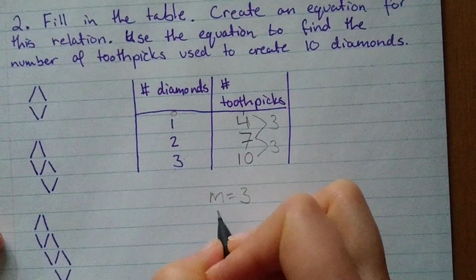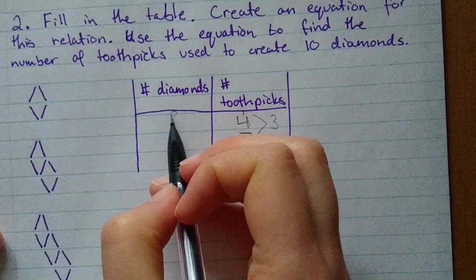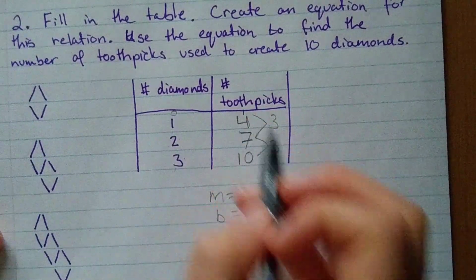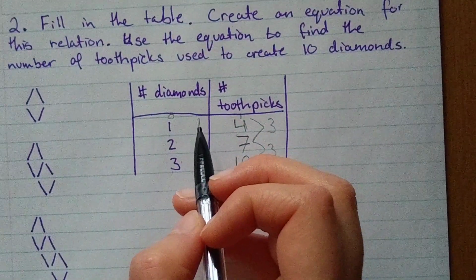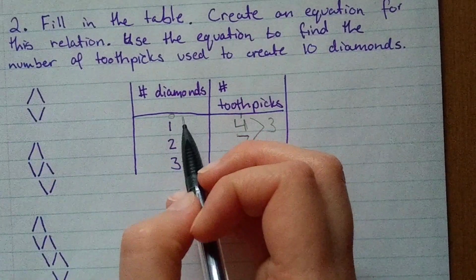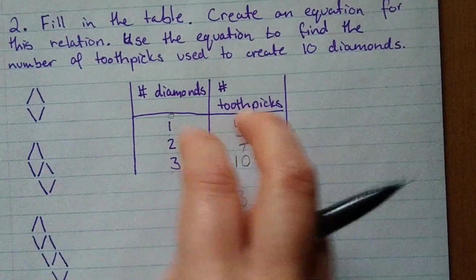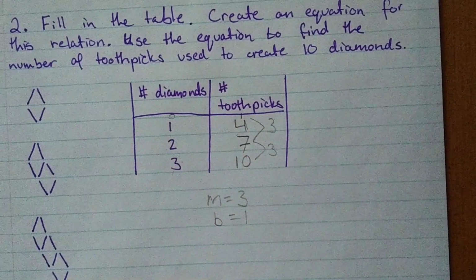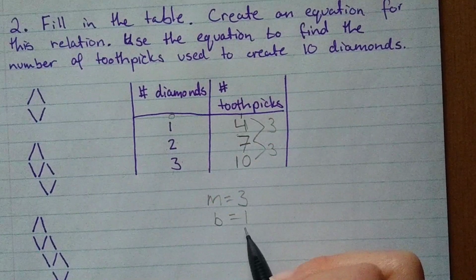So your b value is 1, because when x is 0, y is 1. I realize this may not work specifically in the diamond sense, because when there's 0 diamonds there's going to be no toothpicks. But for the sake of keeping this pattern, we follow the pattern to find that b equals 1.